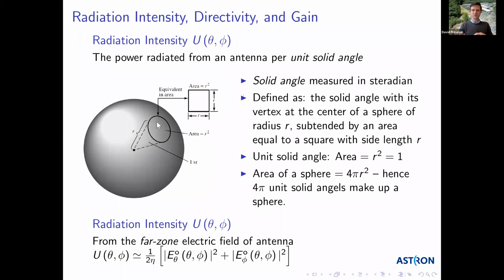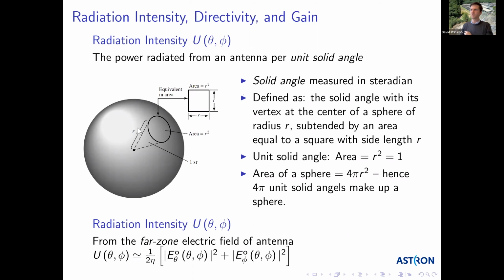If we're in the far field, we've mentioned that the radiation pattern loses its radial dependence. So the pattern at one radius is exactly the same as the pattern at another radius. And that's convenient because then we can also simplify this definition of solid angle by just ignoring the radius completely and defining everything on a unit sphere.